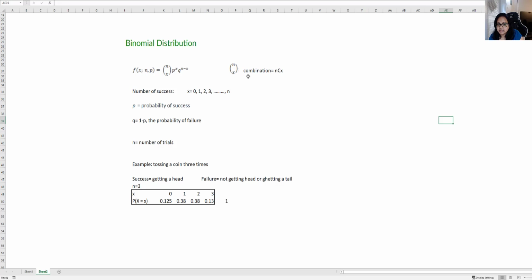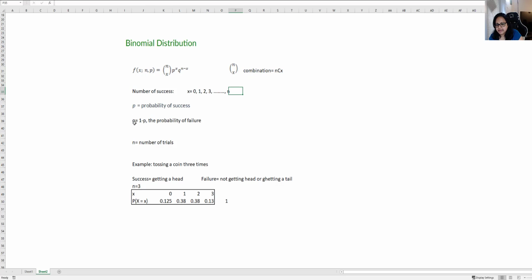That's a combination that we actually found before. N choose x, you can use that. The number of successes could be 0 up to n, and then the probability of success, then the probability of failure.